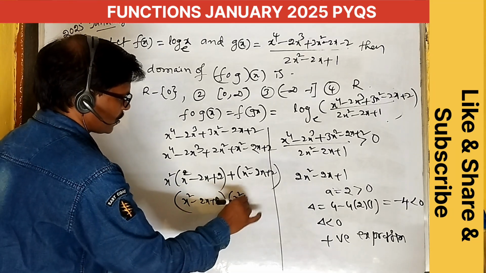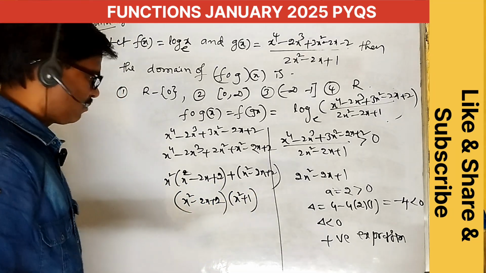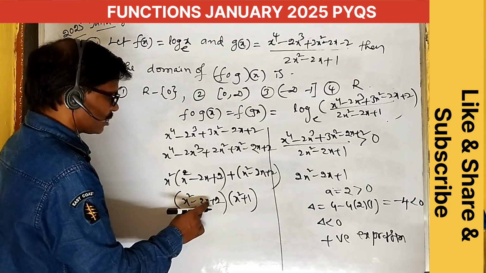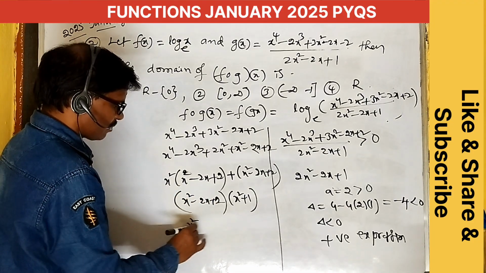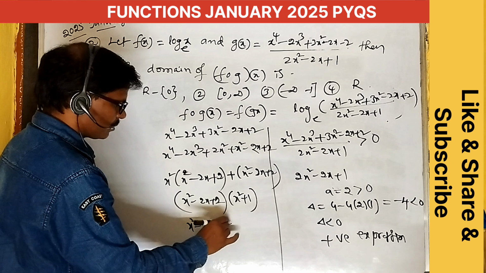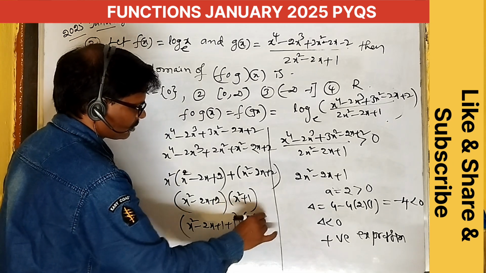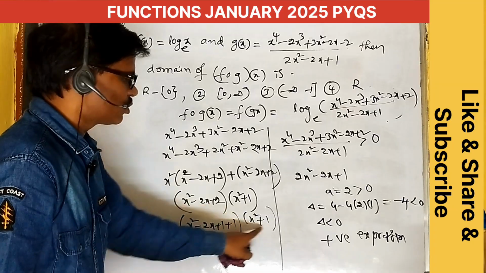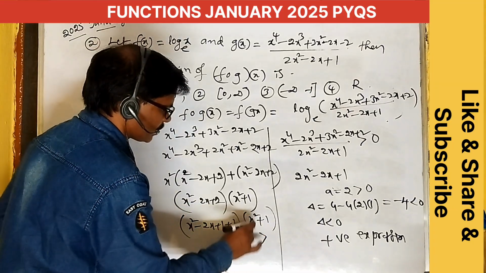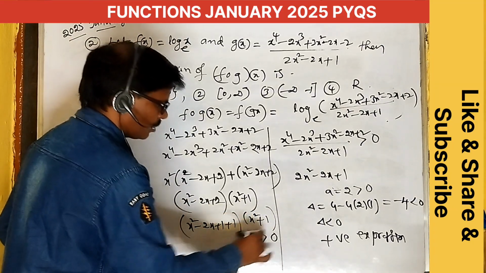This is written as a square minus 2ab plus b square: x square minus 2x plus 1, plus 1, into x square plus 1. X square plus 1 is a positive value, greater than 0.